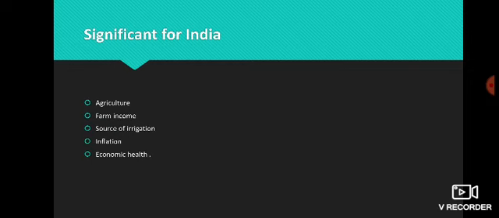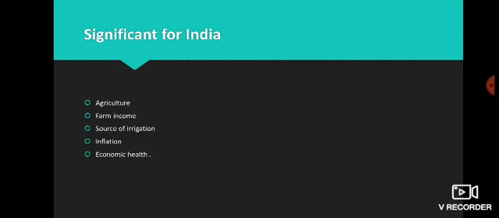We are not depending on mechanical irrigation. Most of the agricultural areas in India are irrigated through rain, that is through monsoon rain. So the major source of irrigation for India's agriculture is monsoon.